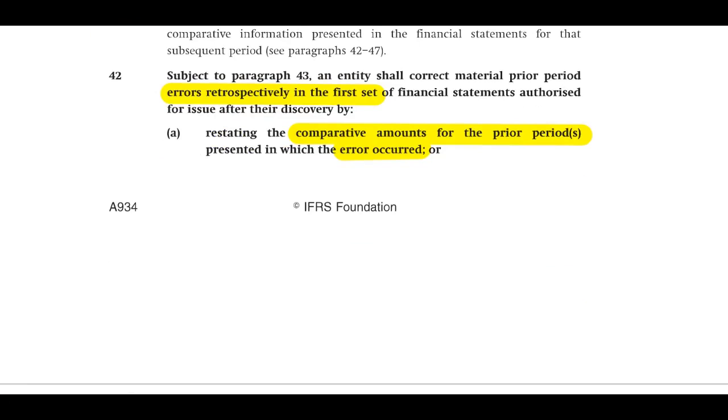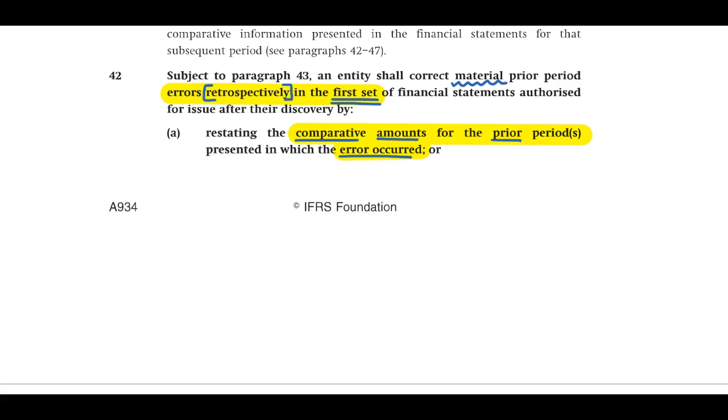Subject to paragraph 43, an entity shall correct material prior period errors retrospectively in the first set of financial statements authorized for issue after their discovery by restating comparative amounts for the prior period presented in which the error occurred.